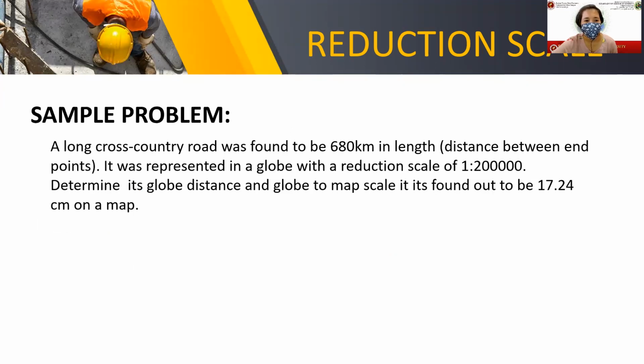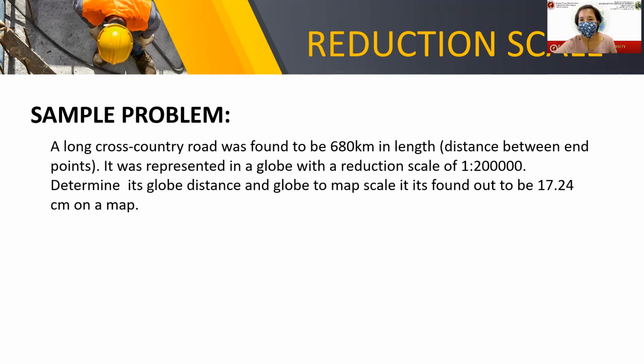Okay, so a cross-country road, from one country to another, was found to be 680 kilometers in length. So it is a very long road, 680 kilometers in length. The distance between the end point to end point of the road, the starting point of the road to the other end of the road, was represented in the globe with a reduction scale of 1:200,000.